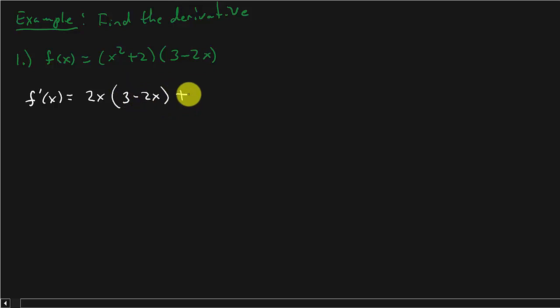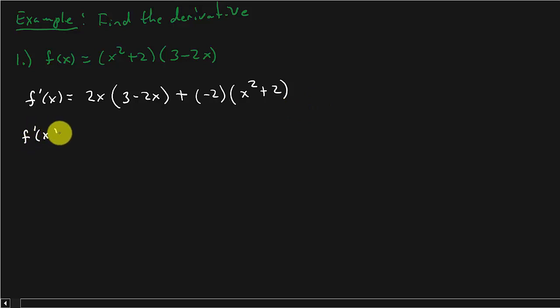And then it's plus the derivative of the second function. So what's the derivative of this? Derivative of 3 is 0. The derivative of minus 2x is negative 2. So that's the derivative of the second function times the first function, x squared plus 2. And then all we have to do is clear parentheses and combine like terms.